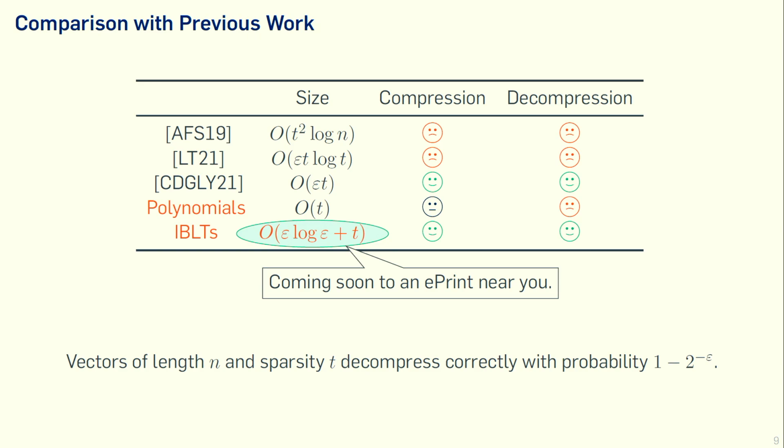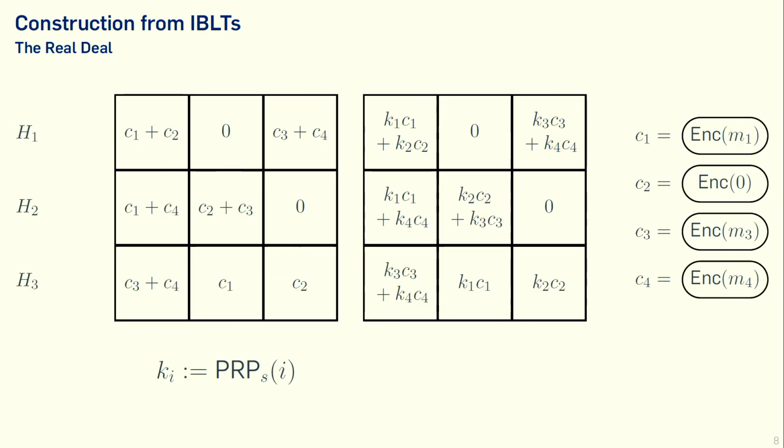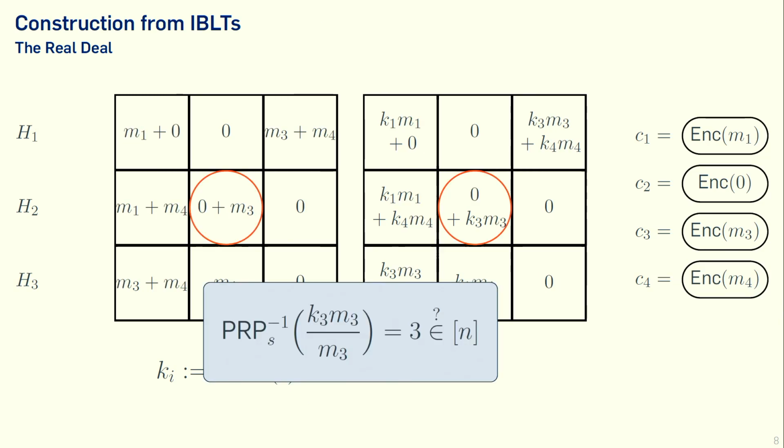In this IBLT construction, we need to be able to do this division. So we need to be able to actually divide by this value, so we need to be able to invert it. So we need it to be a field, although something like Paillier would work, where we technically work in a ring, but because you cannot detect that it's not a field, you would still be able to do it.